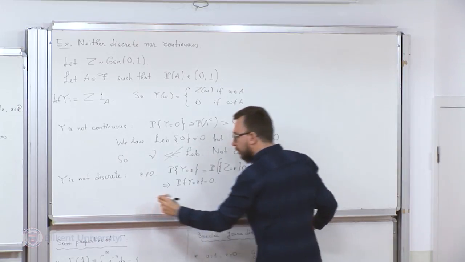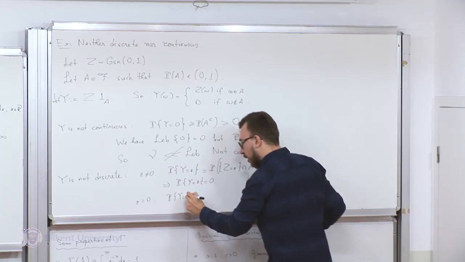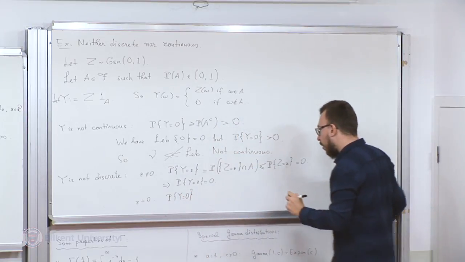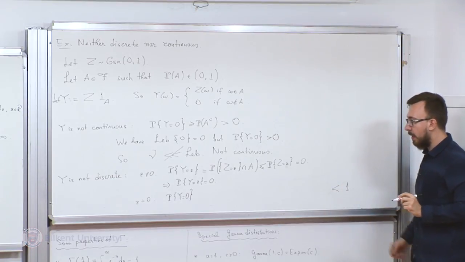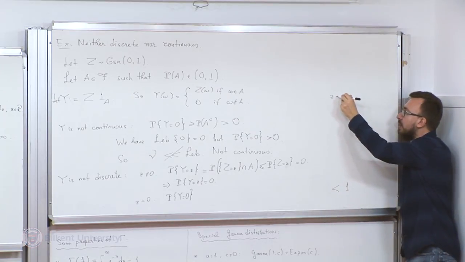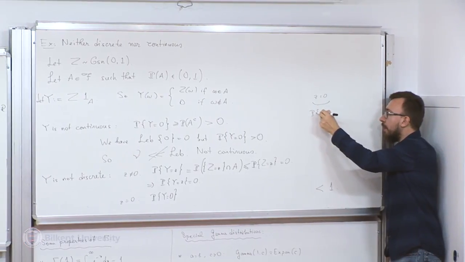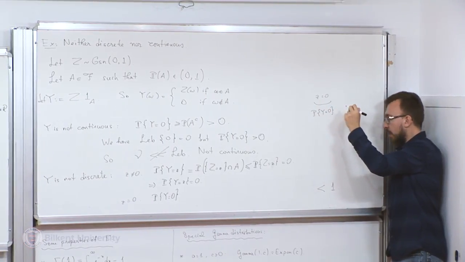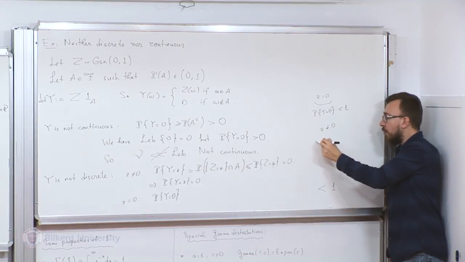Let's look at the value 0. What I'd like to argue is that this is strictly less than 1. So you have the value 0, for which the probability is strictly below 1, and for every other value, the probability of Y equals little z is 0.